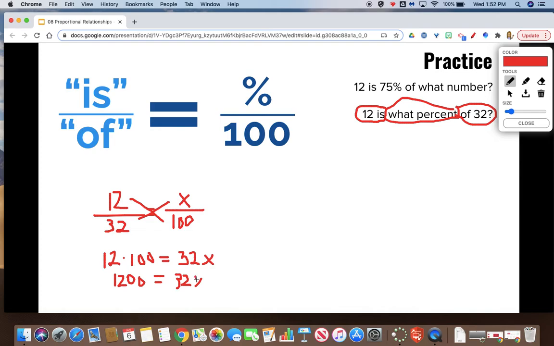It's a one-step equation. To solve for x, we divide both sides by 32. When we divide both sides by 32, we get 37.5 for x. That means 12 is 37.5% of 32.